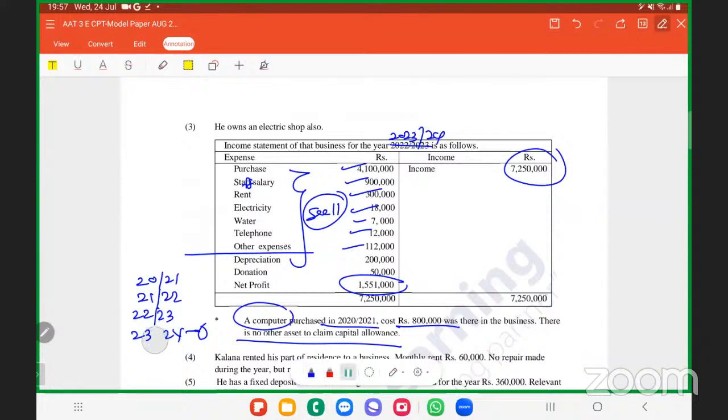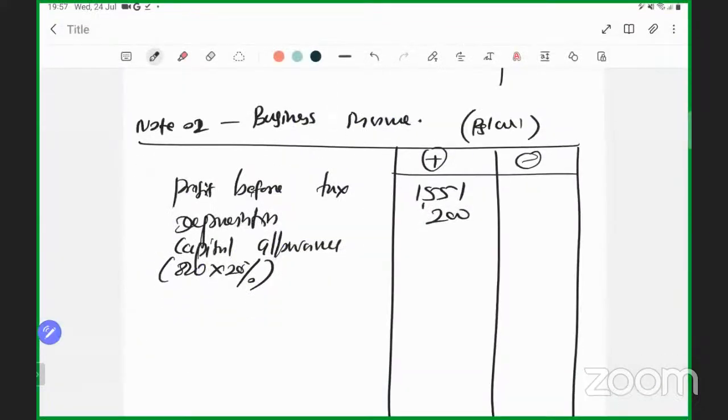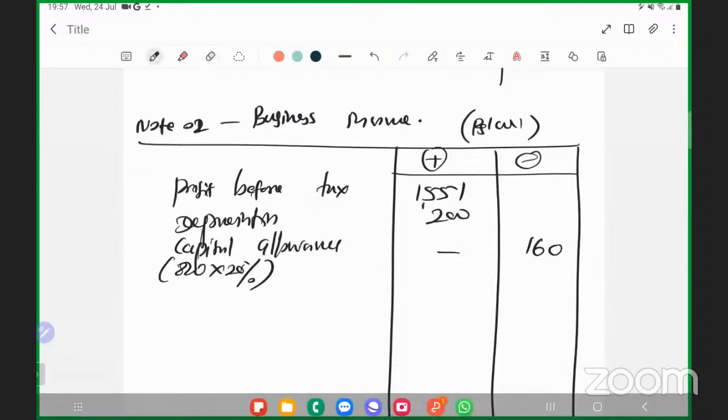Already for 3 years taken, this is the fourth year, another 1 year you can take. How much in total? 800 into 20%, that is 160. You need to deduct that.